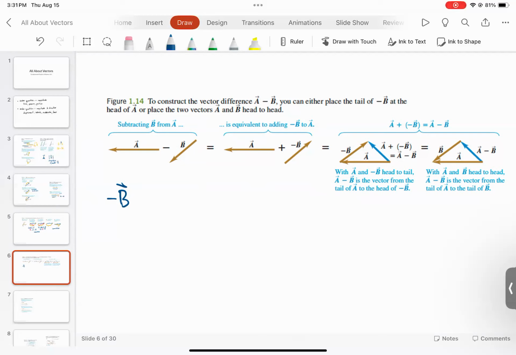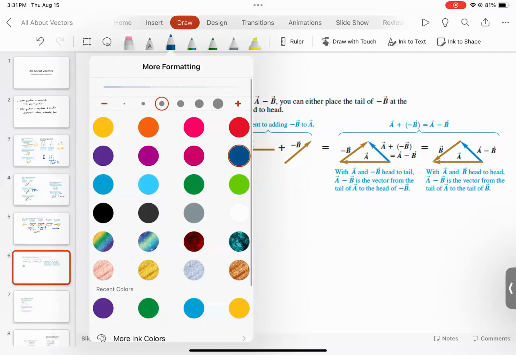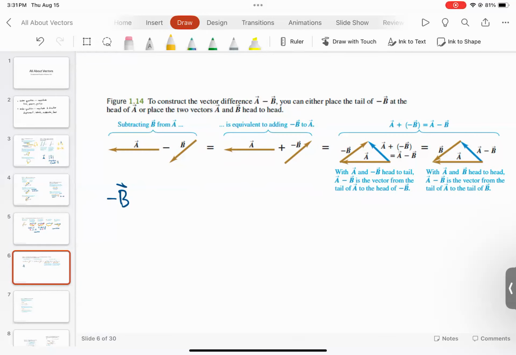So what this means is: if we want to do A minus B, where A has this orientation and B has this orientation, what we do is flip vector B. So if this is vector B, then this represents negative B.